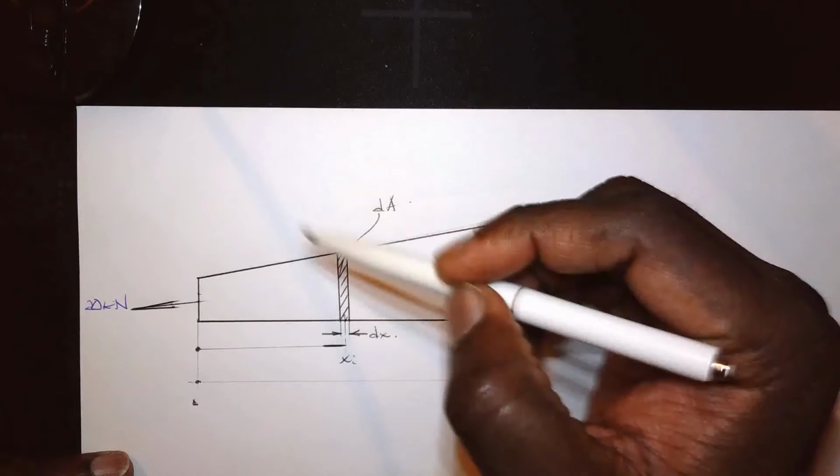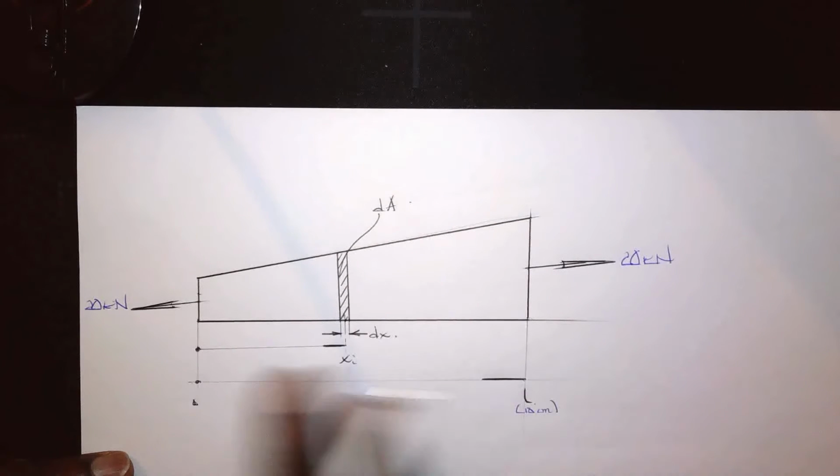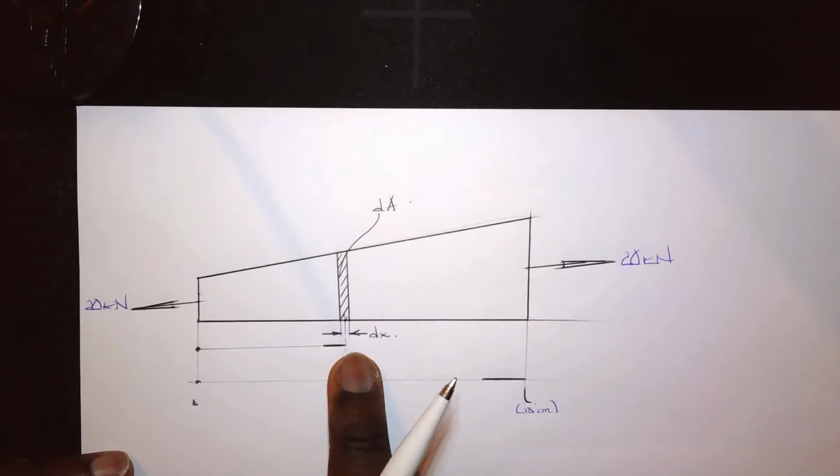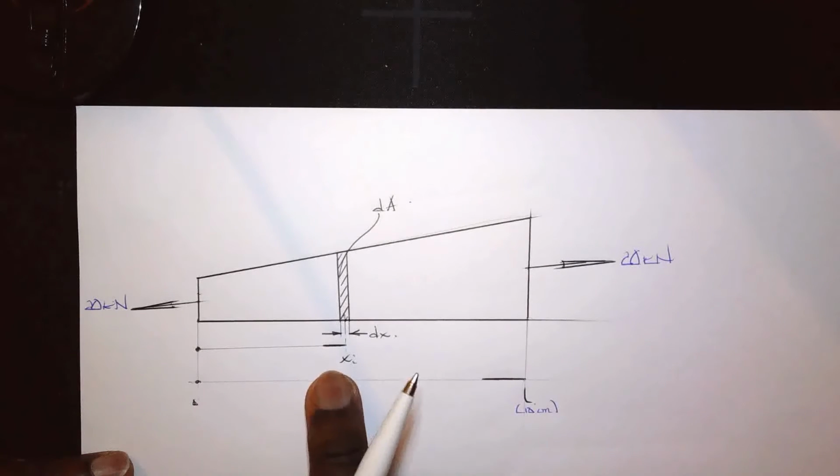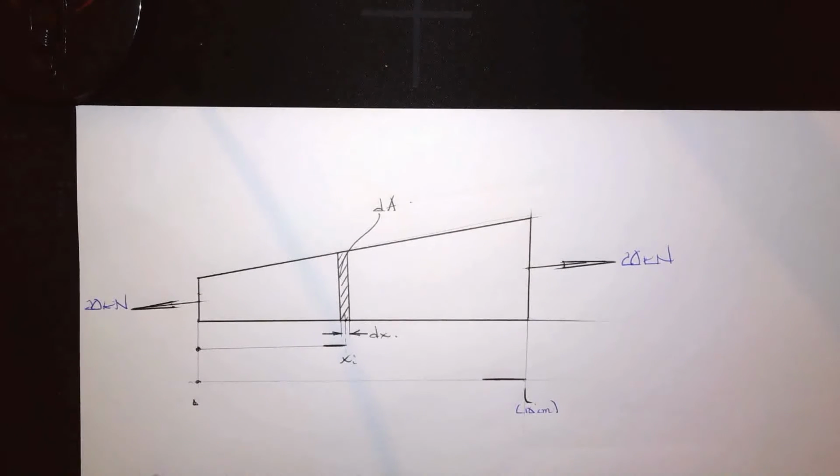Since we have a situation whereby the area is changing with respect to any distance x along the component, we're going to assume that the change in area with respect to any distance x will be equal to 1 plus x squared over 100.